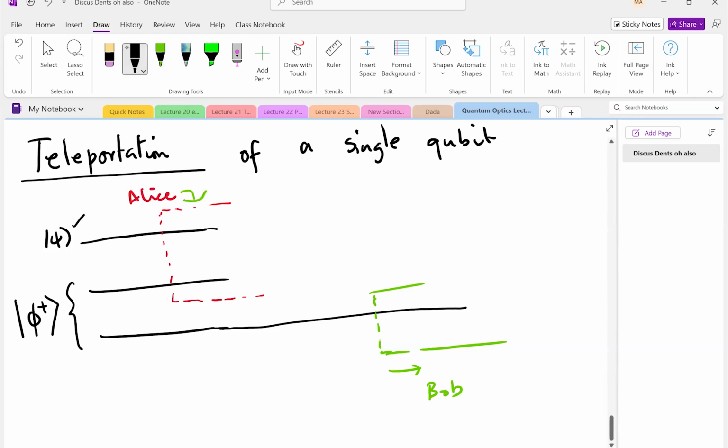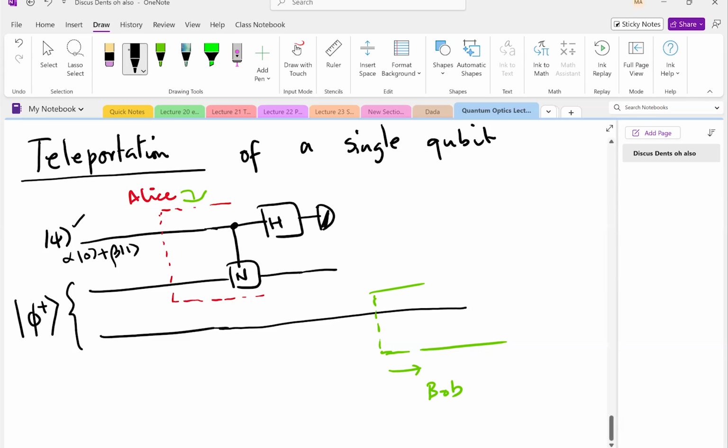So what Alice does is she does a CNOT on her qubits, followed by a Hadamard gate on the first qubit. So she really does a Bell state measurement on her two qubits. One of those qubits is in an arbitrary state alpha ket 0 plus beta ket 1, and the other qubit is one companion of the entangled pair.